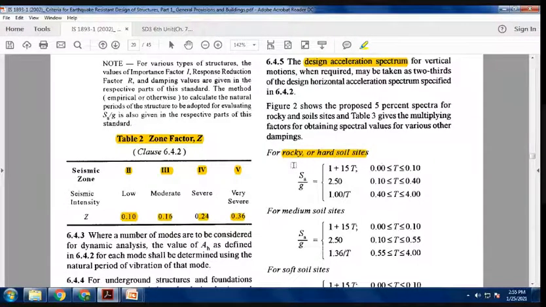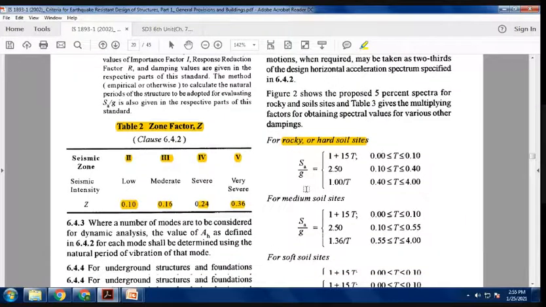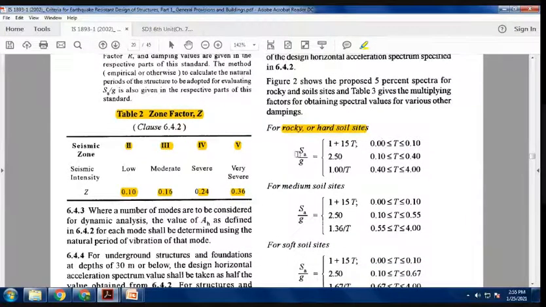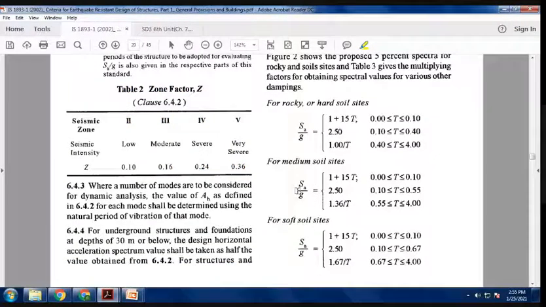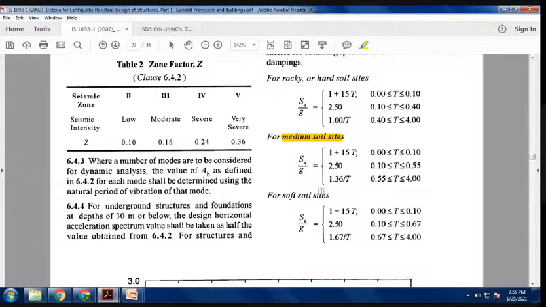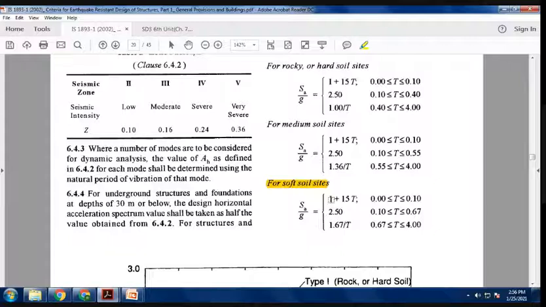If it is hard soil, then you should refer to this one, that is Sa by g, this bracket. Suppose the type of soil available is medium soil. For medium soil, you should refer to these values. Suppose the soil of your foundation is soft, then you should go for these values.